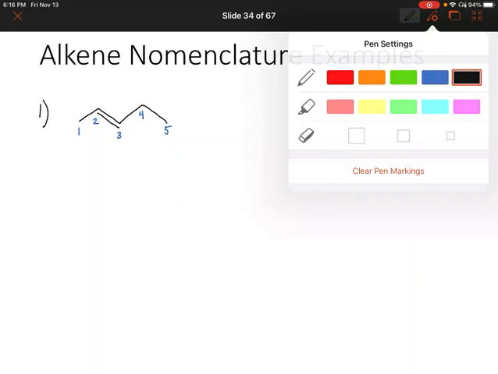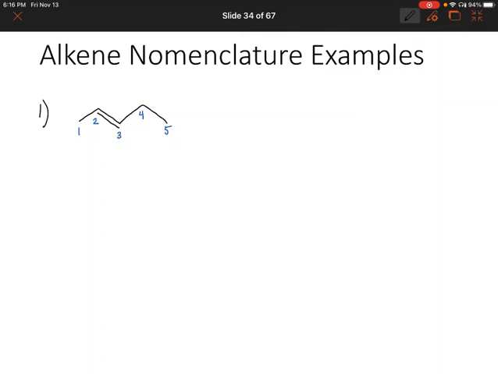Okay, so we can already start by writing pent for 5, and then ENE to indicate that we have a double bond. And then I'm going to put a 2 in front to indicate that the double bond is at position 2, or it starts at position 2.